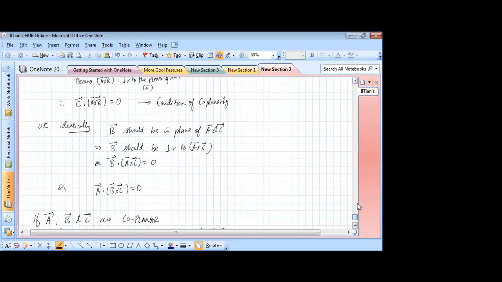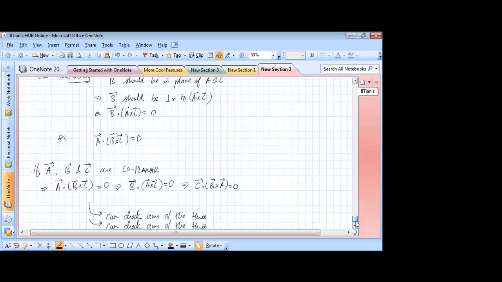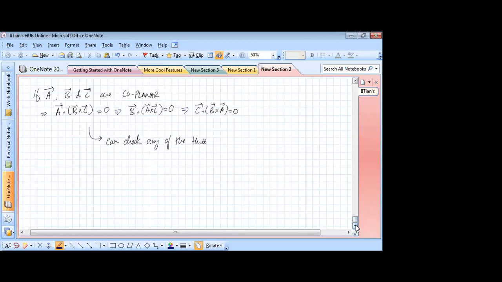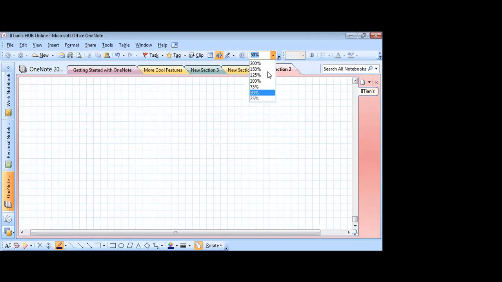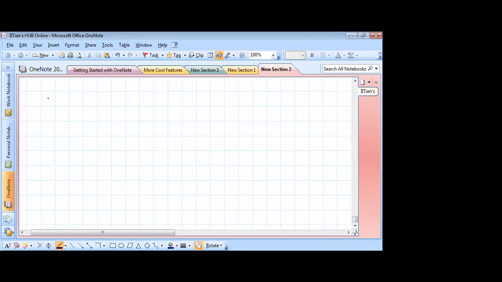What I can say of C with respect to A and B, the same thing I can say of B with respect to A and C, or of A with respect to B and C. That's why this becomes the condition. Okay, so now in the given question, we just work this one out.